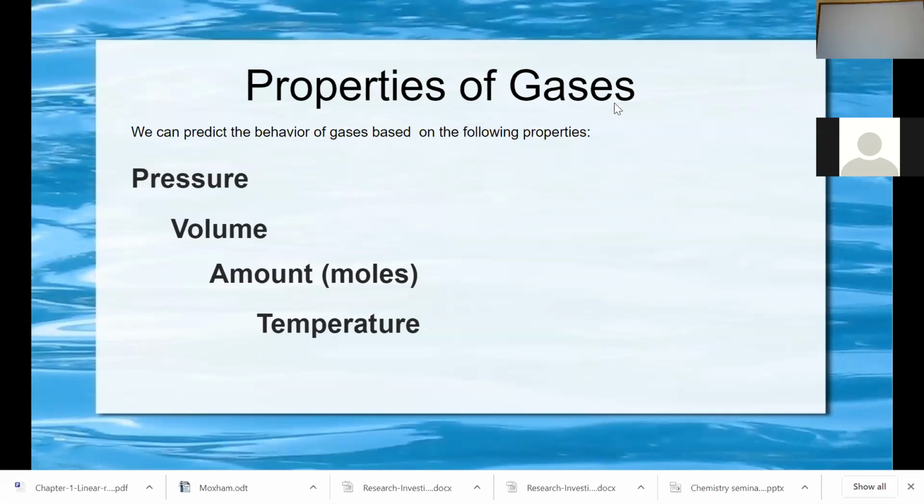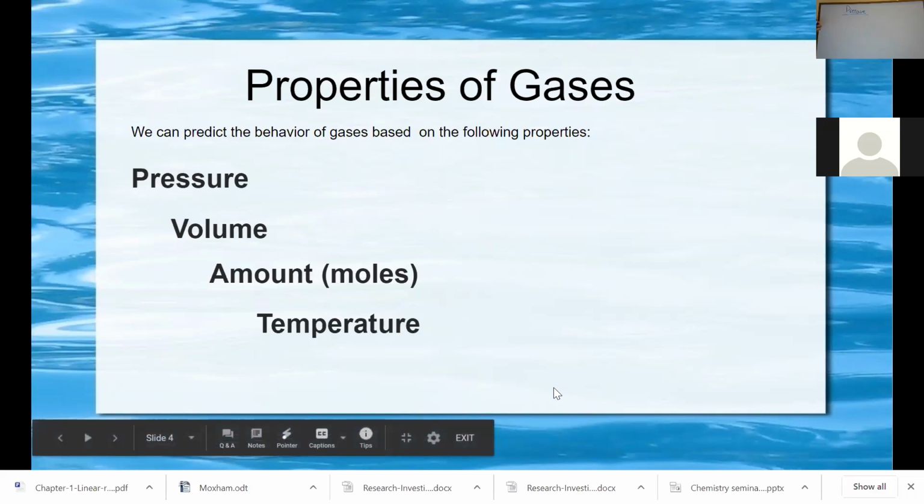So we have this wonderful thing, a formula that can tell us the pressure, the volume, the amount, and the temperature based on the other three properties. So the pressure, and I'll stop sharing.